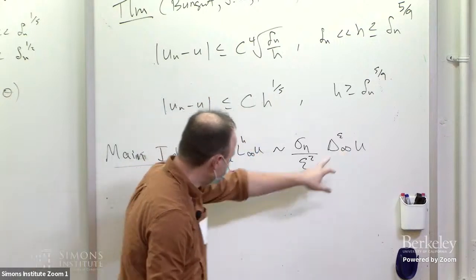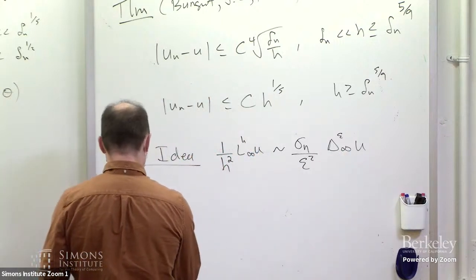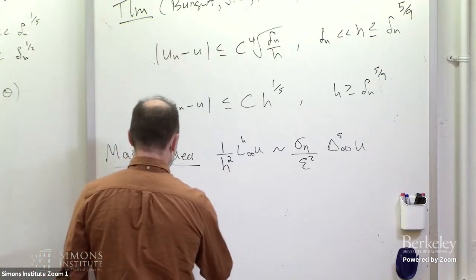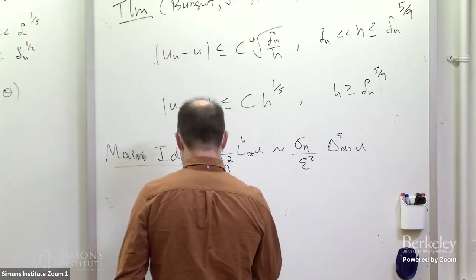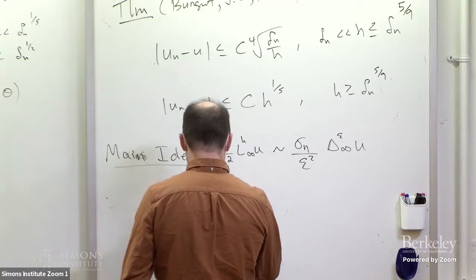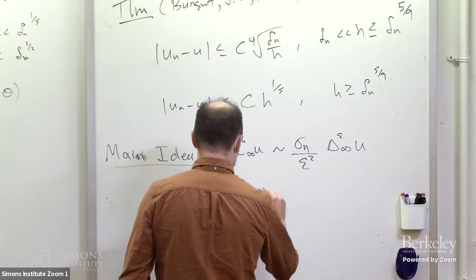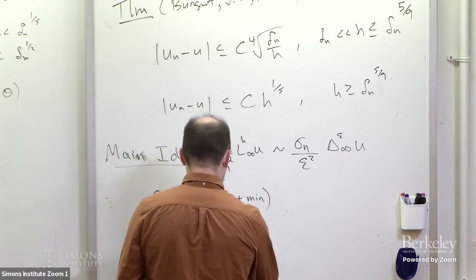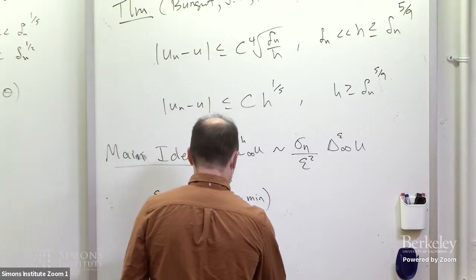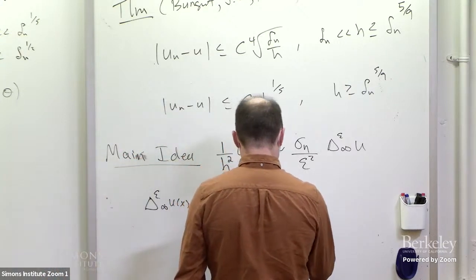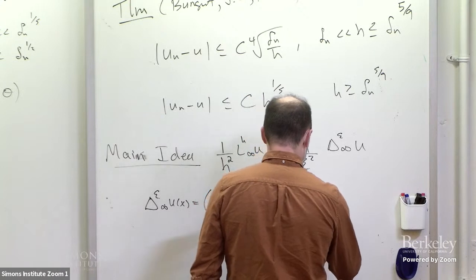This operator is easy to write down. It's in lots of other works as well. It's the non-local version of the infinity Laplacian, which is max plus min, both over the ball of radius epsilon around x, of u minus 2u of x.